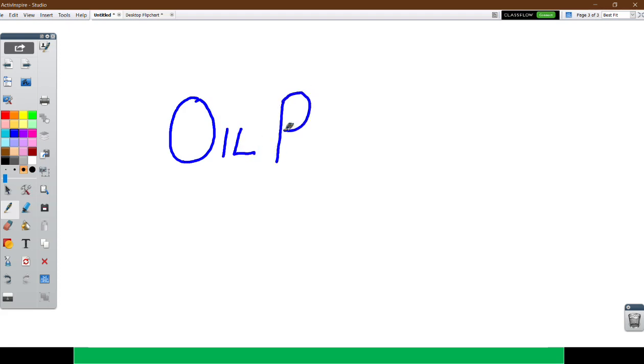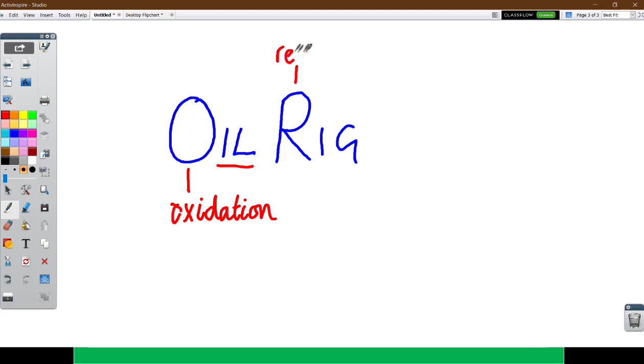In year 12 we talked a little bit about redox reactions, and we used this mnemonic to help you remember that oxidation is the loss of electrons, if you recall, and reduction is the gain of electrons. That will be useful if you can remember that in this work. OIL RIG: oxidation is loss of electrons, you're being reduced, you're gaining electrons. Okay.